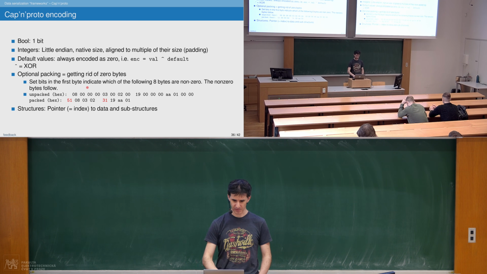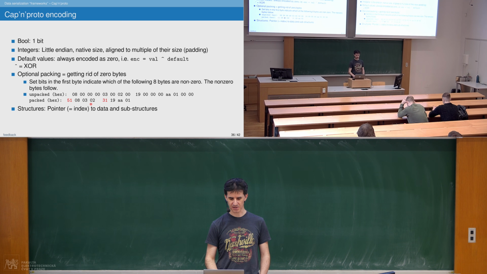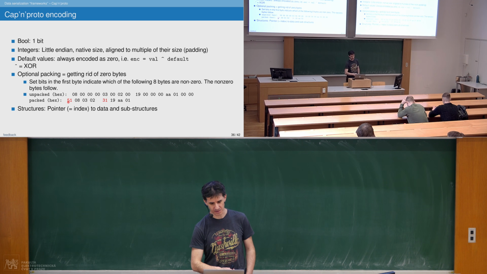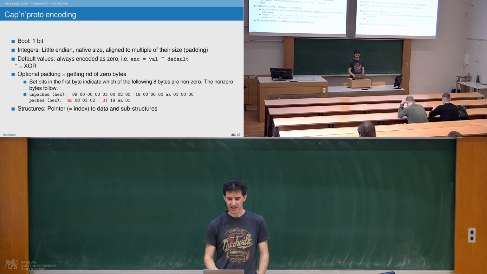So for example, if you have data like 8 0 0 0 3 0 2 0 0, here we need to encode only the non-zero bytes, like 8, 3, and 2. And the single bits in this byte define the index, the position where there is this 8, 3, and 2.